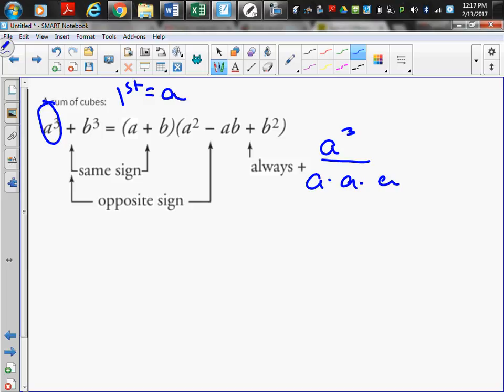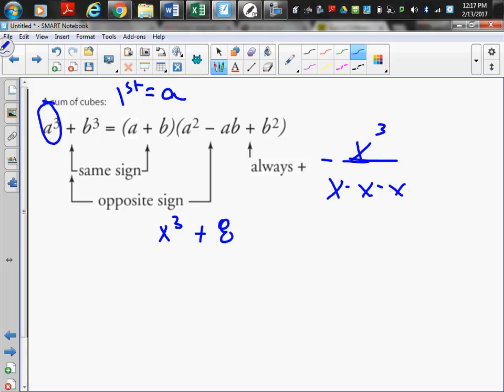Then I take my 8, because I had A. Let me use a different letter. Maybe that helps. So if I had x cubed plus 8. Where did you get the 8 from? Because that was the problem that I gave you. Oh, okay.